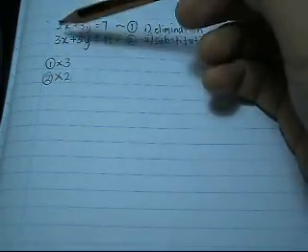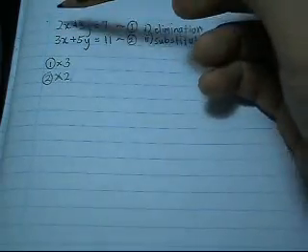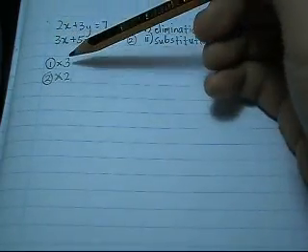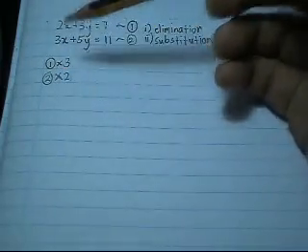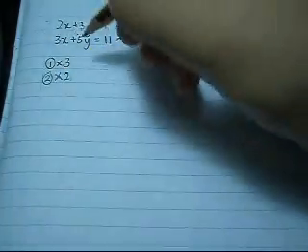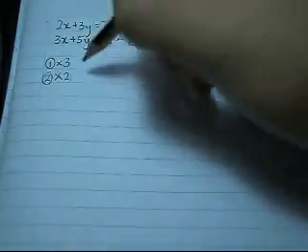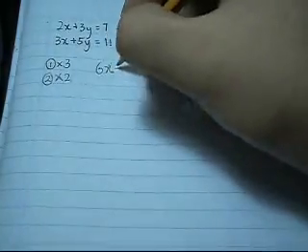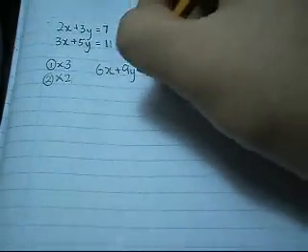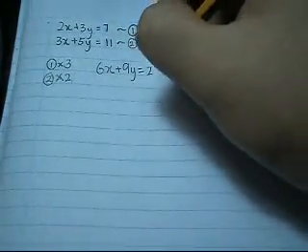That gives 2 times 3, 6, and 3 times 2, 6. So we get 6x, and when we subtract them, we get no x, so it's 0. That's what we want. So equation 1 times 3 is 6x plus 9y equals 21.